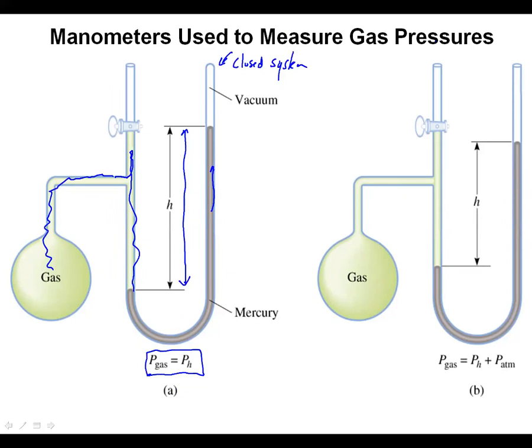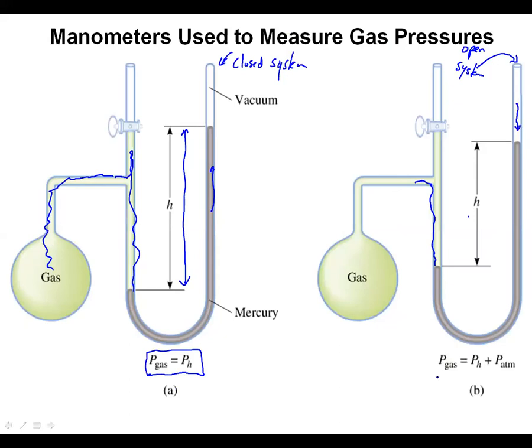But now you could also do this in more of an open system. And in an open system, same idea. This gas is going to be pushing on the mercury, but you also have atmospheric pressure pushing back down on it.